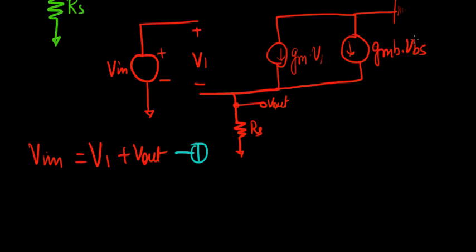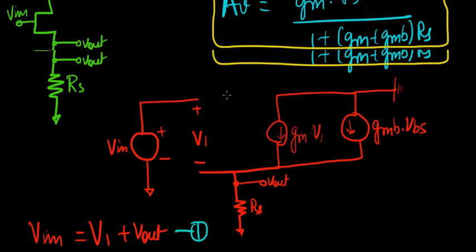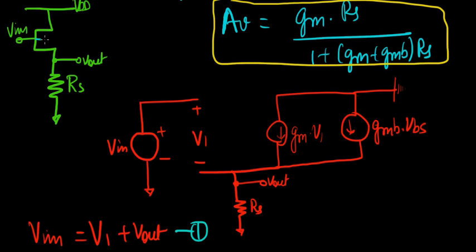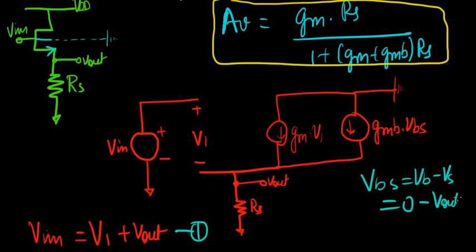If you look at VBS, the bulk to source voltage, first of all, let's see where that is here. This is the bulk, right? It's connected to the ground, and so the bulk to source voltage, VBS, can be given by VB minus VS. VS here, the source, is the V output, and VB is ground, so 0 minus V out.